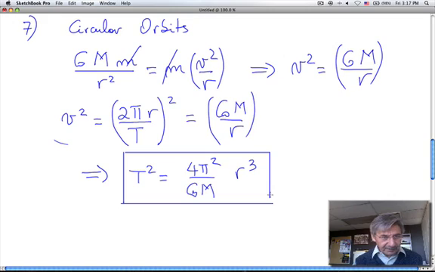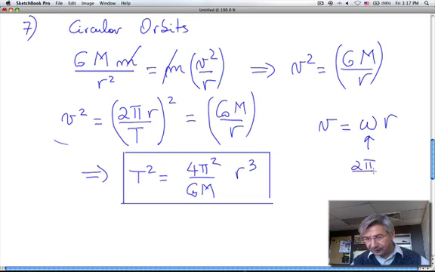So in problem 7, if you want to evaluate how fast we are going around the Earth, you have to evaluate this. And this is 2 pi over the period, and you know the period.